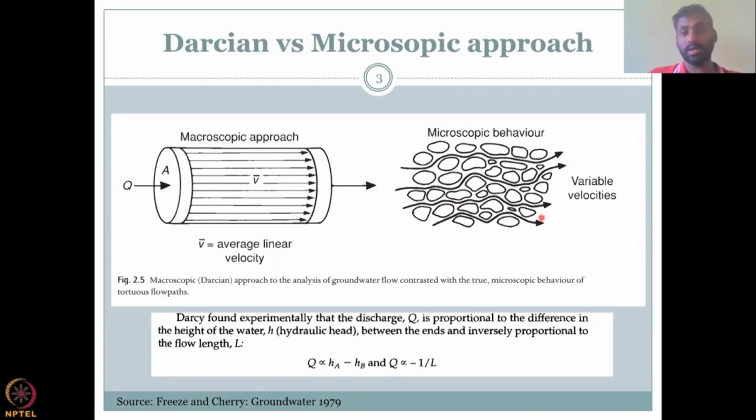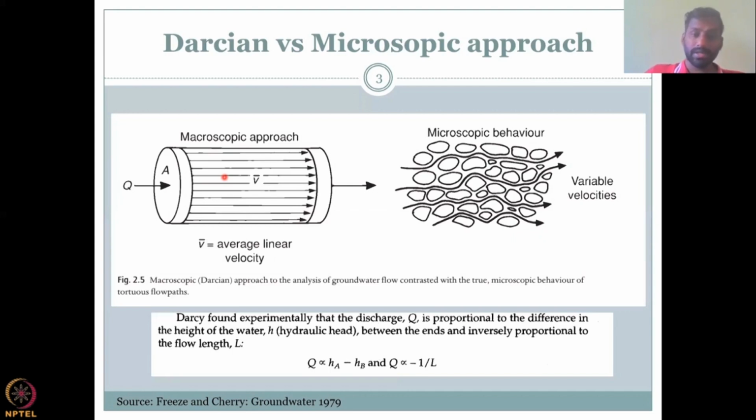So you need to understand that there are microscopic differences and variable velocities. However, when you want to describe them in a particular equation, you need a macroscopic view. So that's what Darcy took over, and he modeled this groundwater flow through a pipe. He didn't want to do it on the land and ground because of the microscopic variations. He did it in a lab setting.